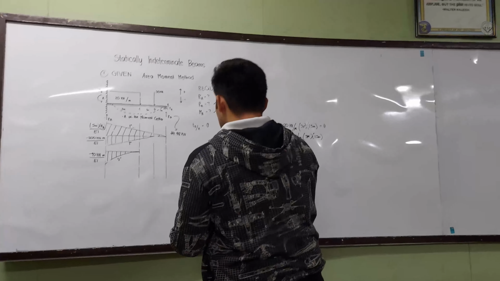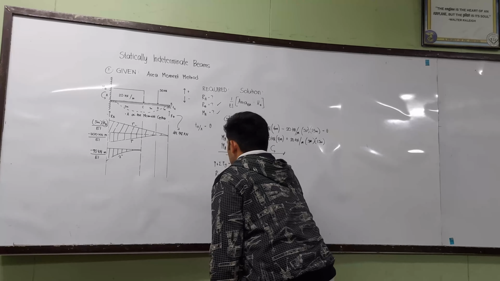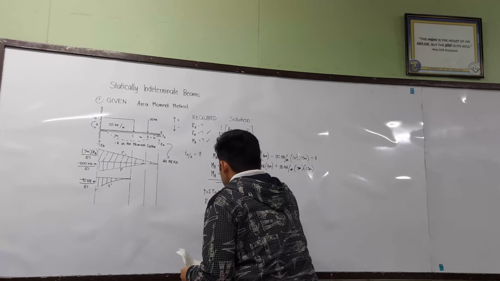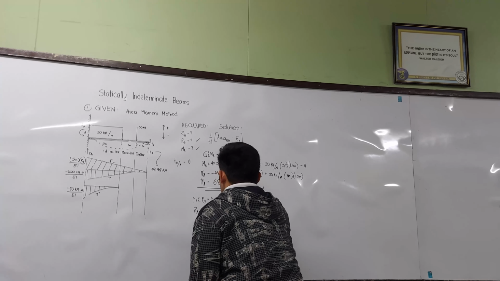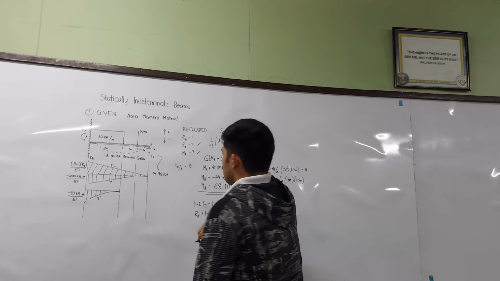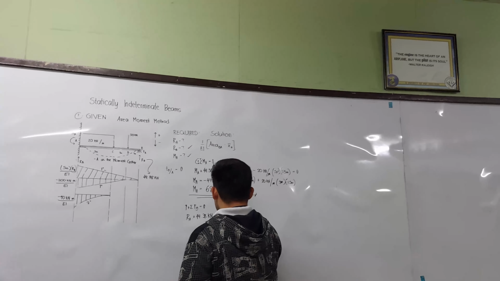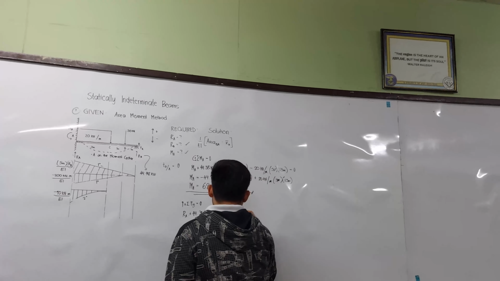Okay? So, it will be now reaction A, which we are looking for, plus 44.38 kilonewtons, since going upwards it's positive, minus 20 kilonewtons over meter times 3 meters.